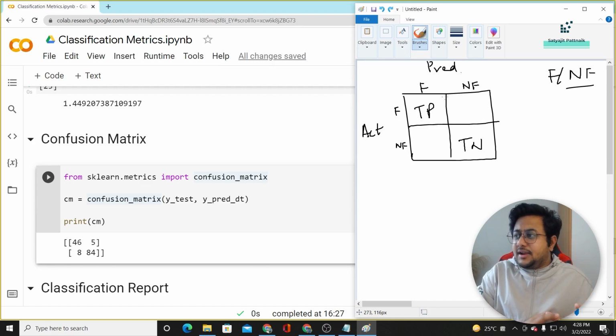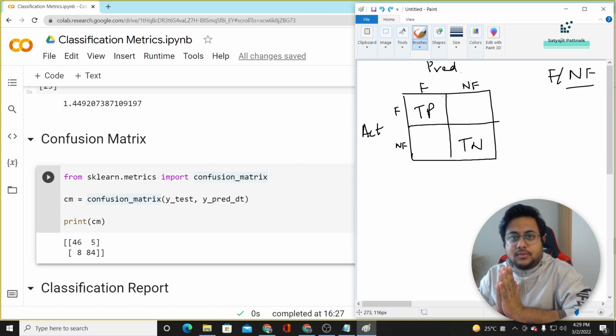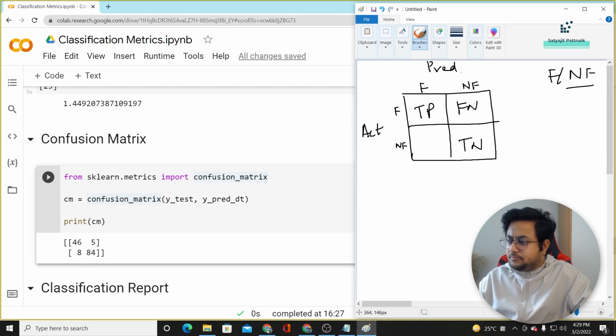Actually fraud but predicted as not fraud. That means falsely predicted as negative. So it's going to be FN. And this one is going to be FP, falsely predicted as positive.